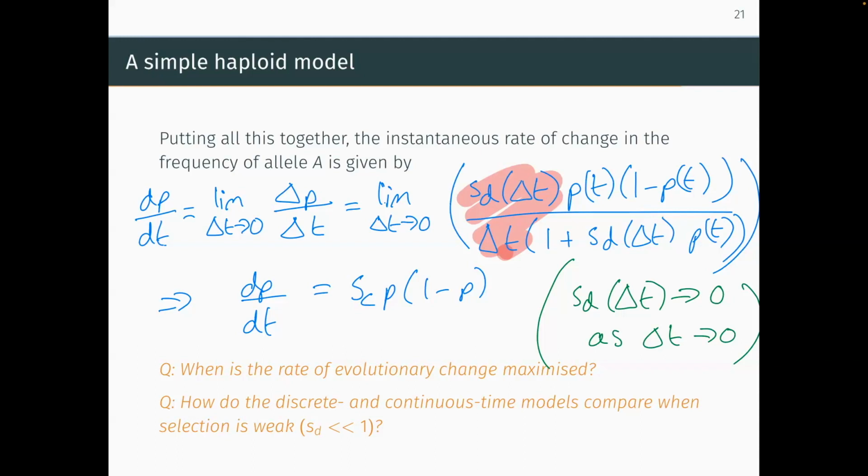That ultimately means that when this S_D of delta t goes to 0, this term multiplied by the p of t also goes to 0, so we just end up with 1 on the denominator. So this is it, our equation for our instantaneous rate of change of allele A in continuous time.